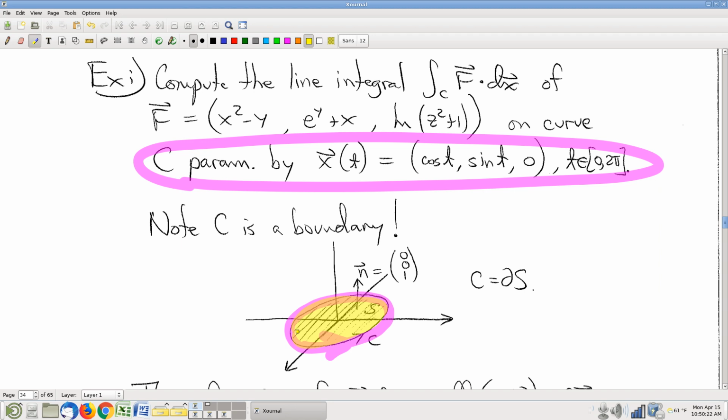Okay, detail. Don't forget, the word boundary is a loaded word. It means something very particular and special about orientation. So when I say that this curve is the boundary of that surface, notice I haven't yet highlighted any statement about orientations. We've got to think through the orientation. The curve came with an orientation, right? You can tell just from the way the parameterization goes.